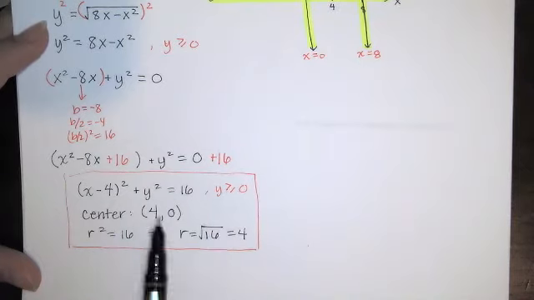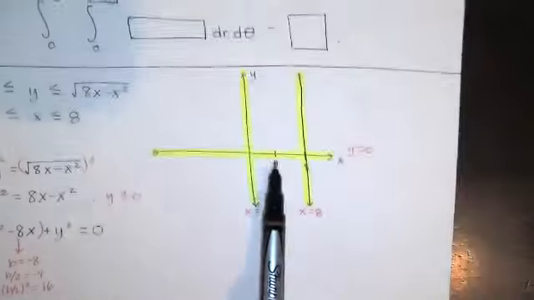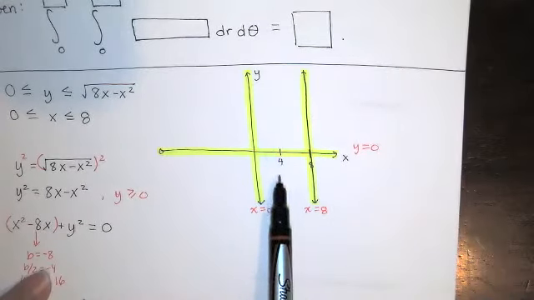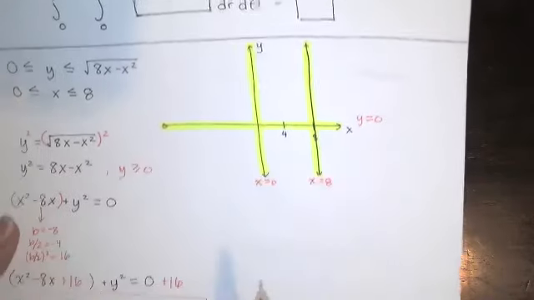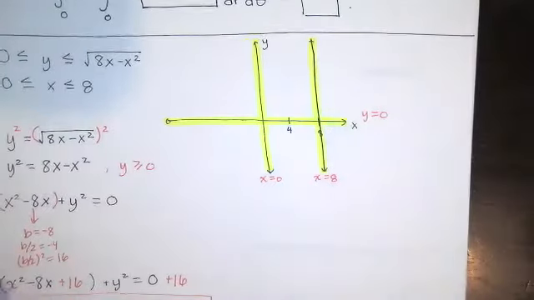So I've got a circle centered at 4, 0, and the radius is 4. So we're going to go left 4 and right 4, up 4 and down 4 if we were graphing the entire circle, but y is greater than or equal to 0, so we're just going to get the top half.